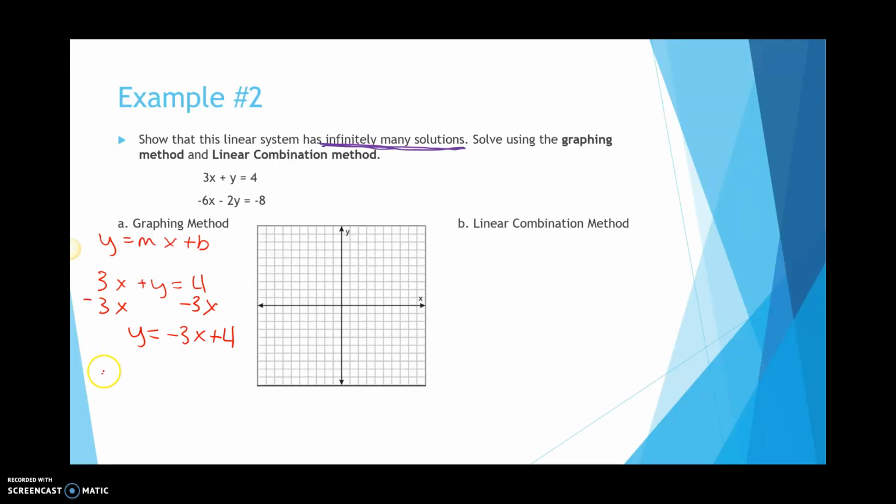In the bottom one, we have negative 6x minus 2y equals negative 8. We're going to add 6x to both sides. So we get negative 2y equals 6x minus 8. Divide both sides by negative 2.